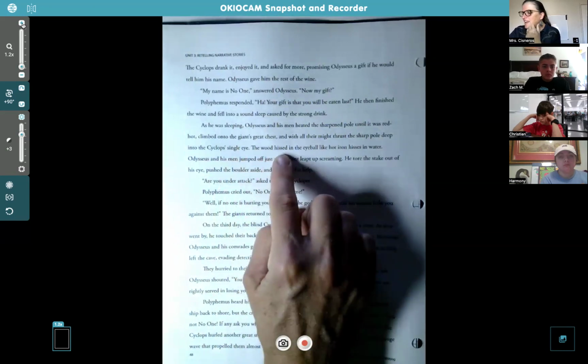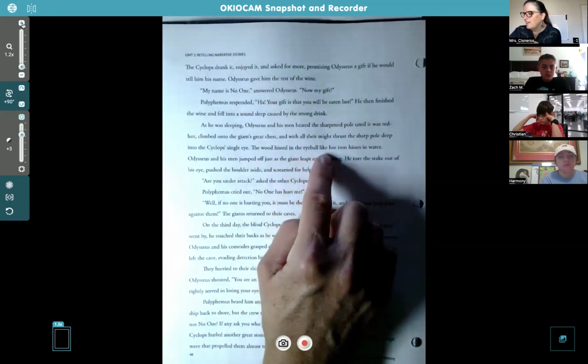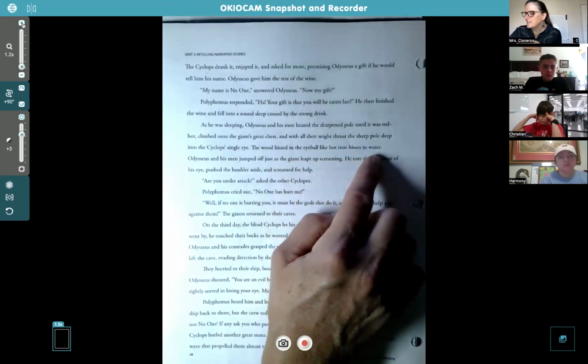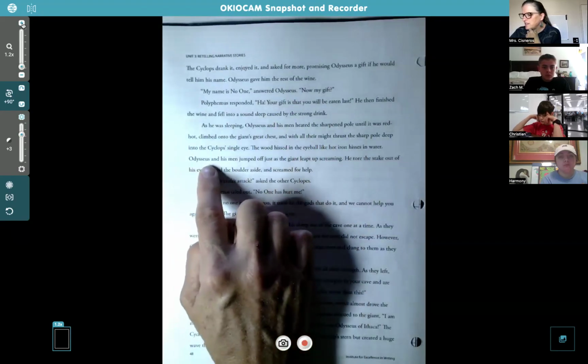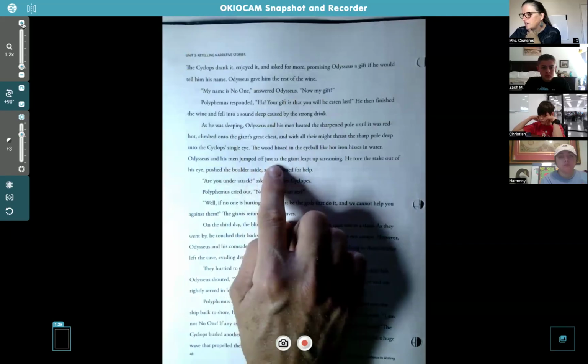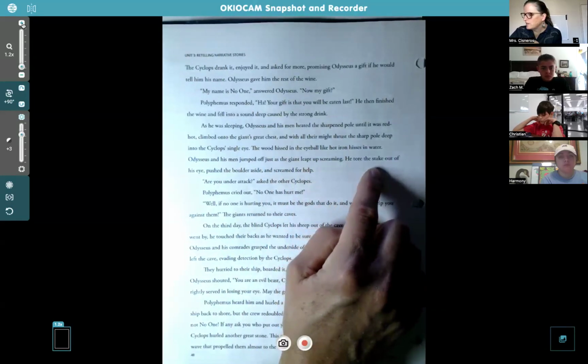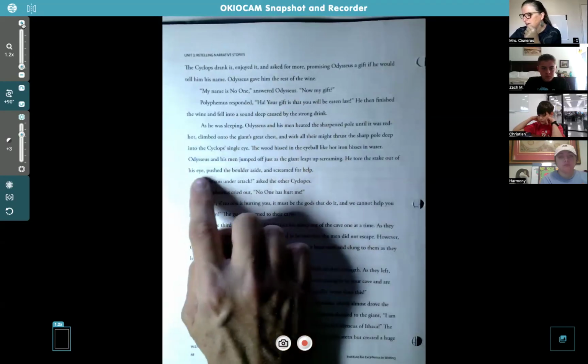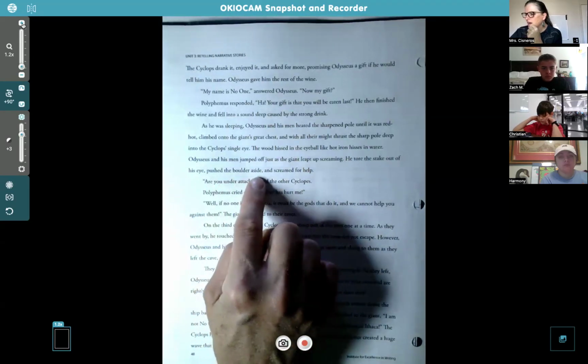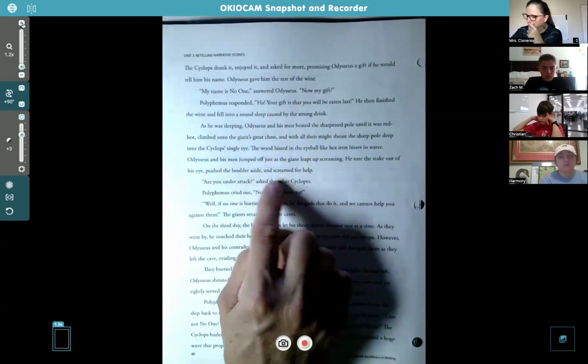The wood hissed in the eyeball like hot iron hisses in water. Odysseus and his men jumped off just as the giant leapt up screaming. He tore the stake out of his eye, pushed the boulder aside, and screamed for help.